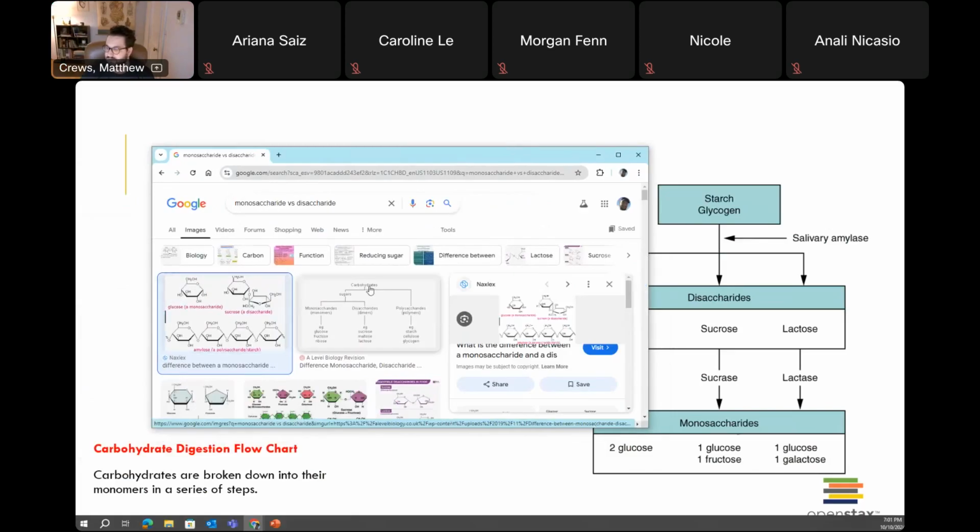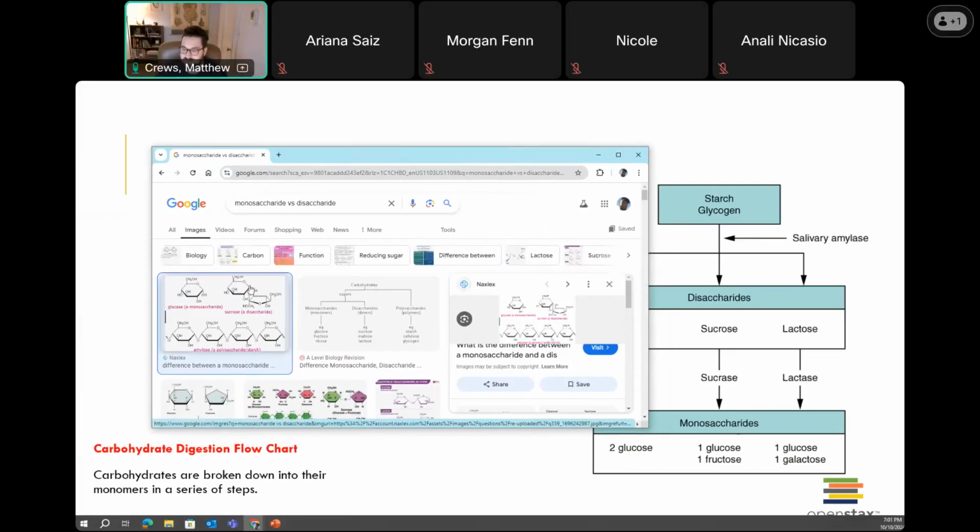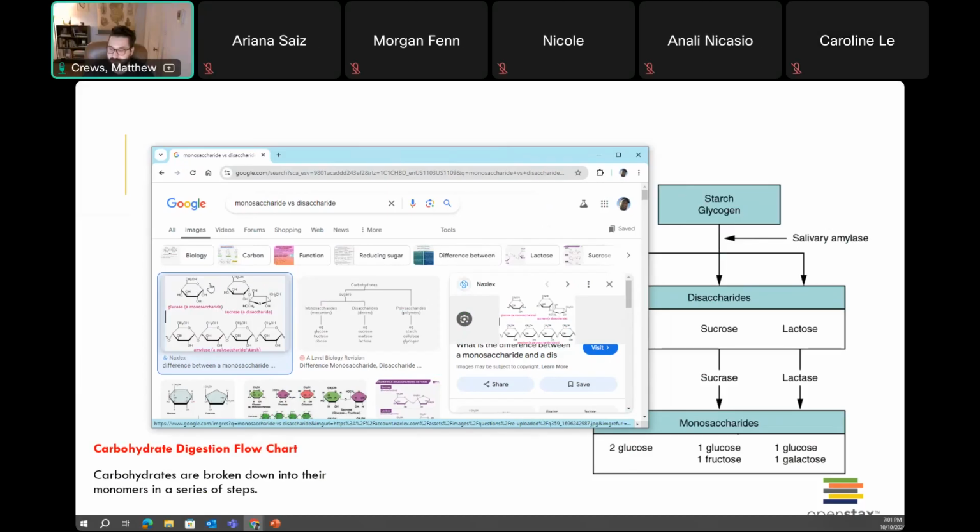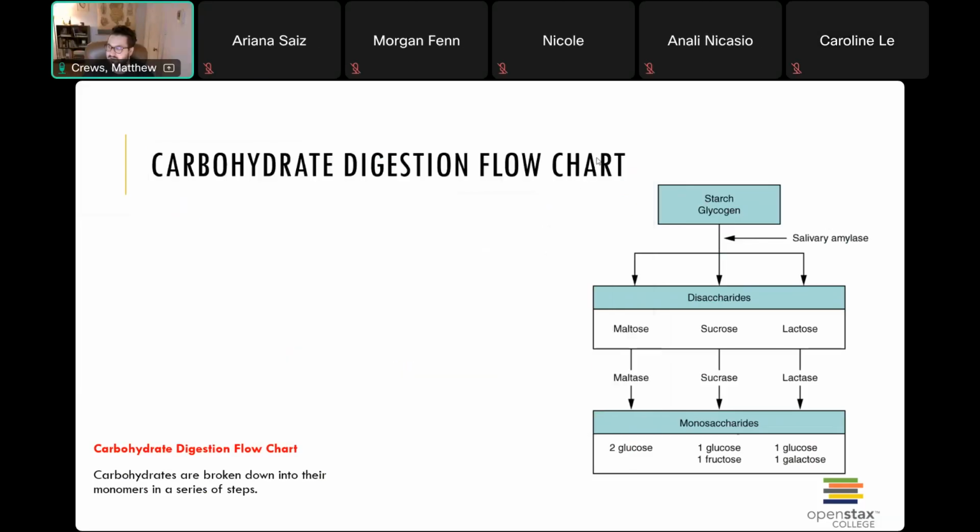What is a glucose? Cool, good guys. A disaccharide is 2 glucose stuck together, and then you're going to cut that across. So you're going to have one, and you're going to absorb that. So glucose, fructose, and then lactose is glucose and galactose. So 2 sugars, 2 sugars.